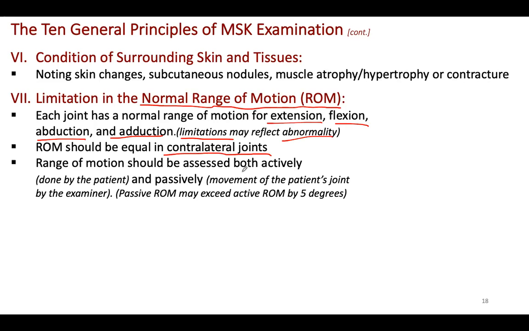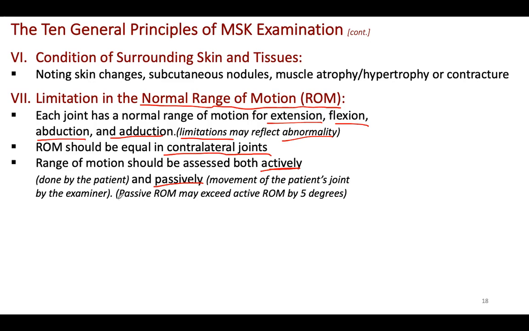Range of motion should be assessed both actively, which is done by the patient. You ask the patient to flex the elbow, for example, and also passively. You, the examiner, will try to flex the elbow of the patient for him.